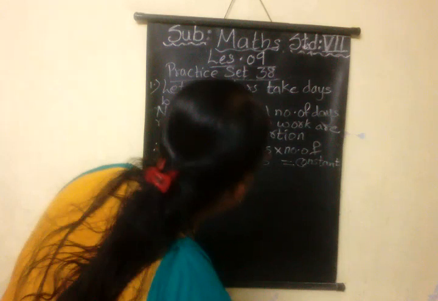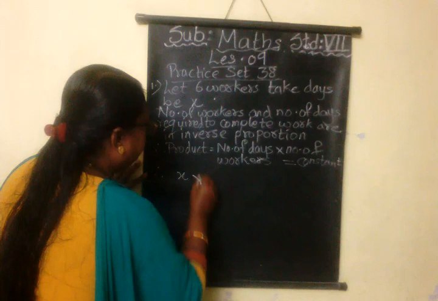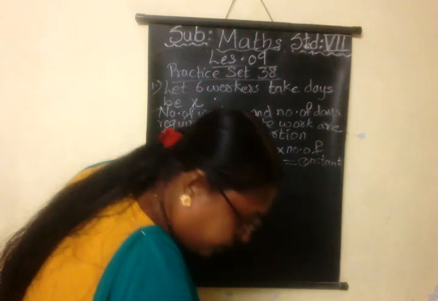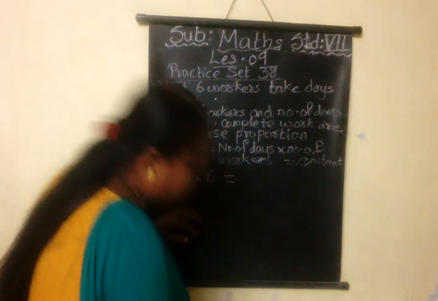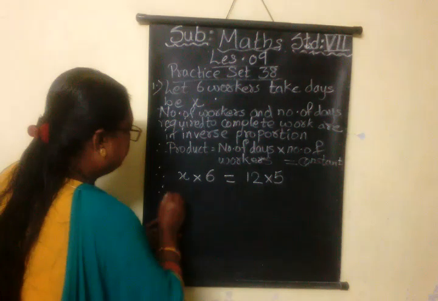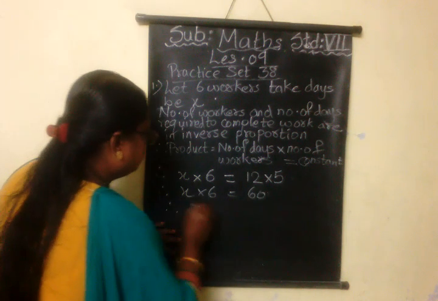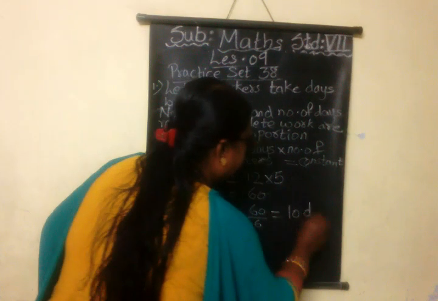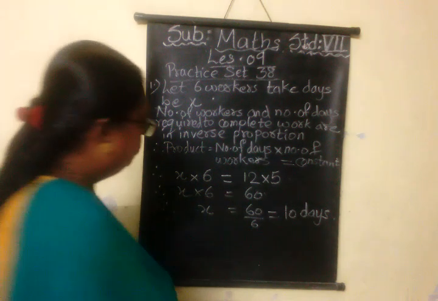So that means for the number of days required, we have taken X. So X multiplied by 6 is equal to how many workers are completing in how many days? 5 workers in 12 days. So 12 days multiplied by 5. Therefore X multiplied by 6 is equal to 12 times 5, that is 60. Therefore X is equal to 60 upon 6, which equals 10 days. So if 6 workers are doing the same work, they need only 10 days to do the work.